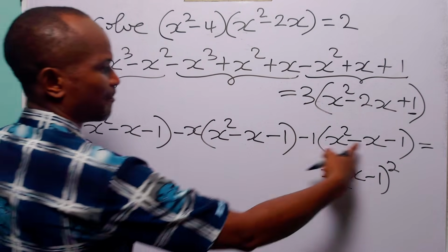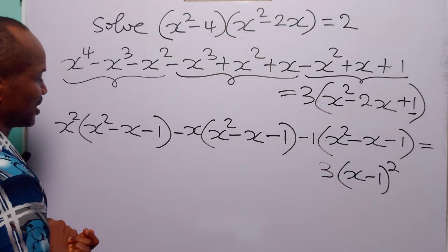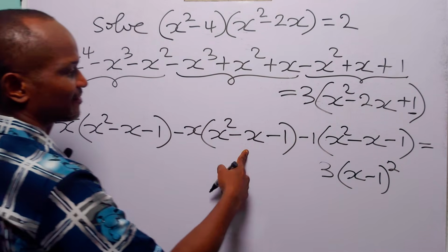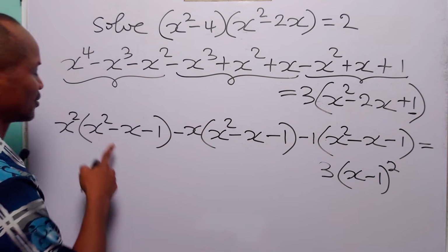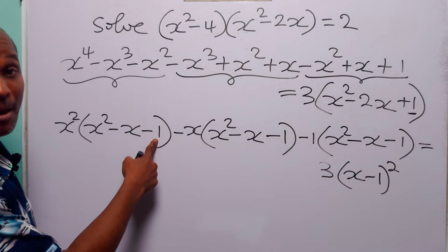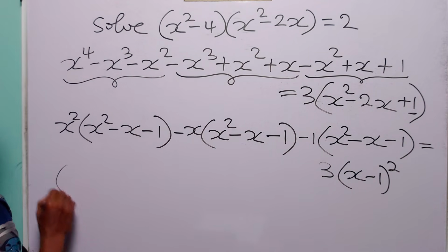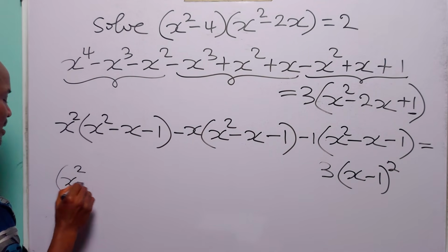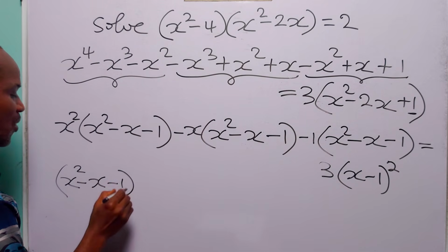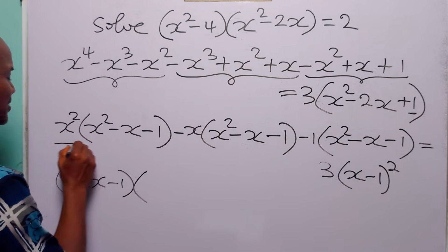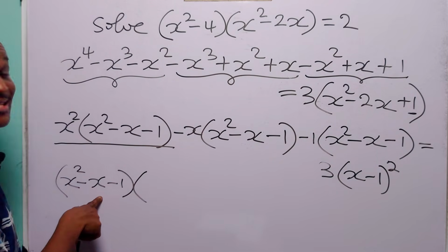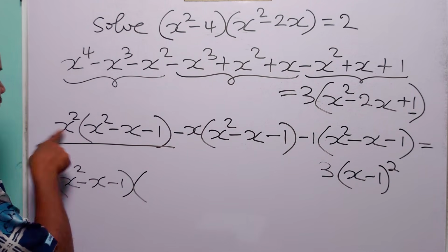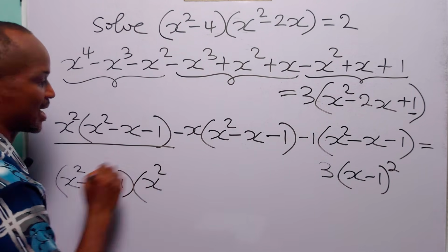Now, once more, let us come back to this left hand side. You'll see that these three terms have a common factor, which is x squared minus x minus 1. So we have x squared minus x minus 1 into, when you divide this term by x squared minus x minus 1, of course you have x squared.